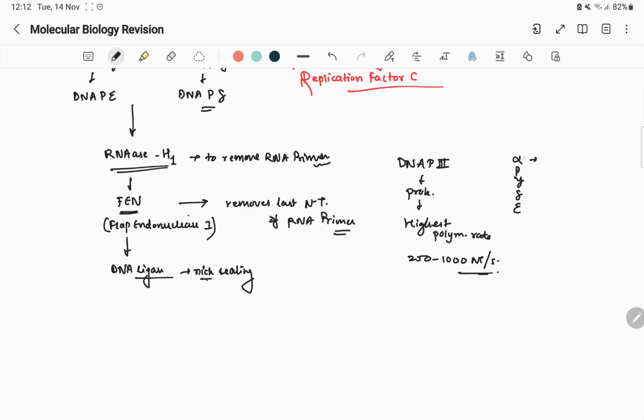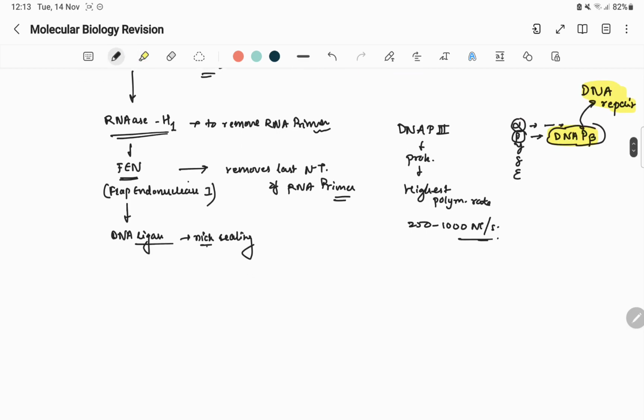Alpha synthesizes a short stretch of DNA. DNA polymerase beta is useful in DNA repair mechanisms. DNA polymerase gamma, which has not yet been discussed, is for mitochondrial DNA synthesis.